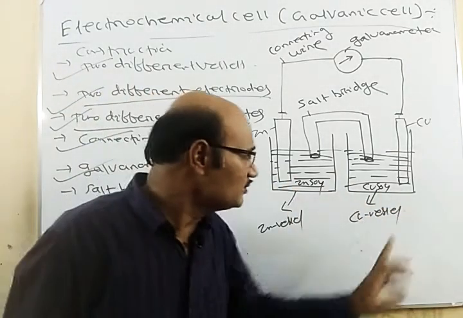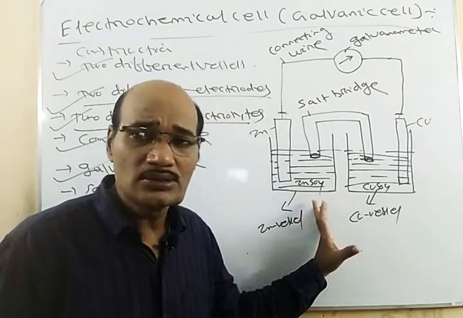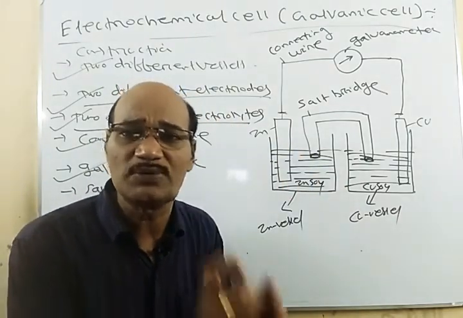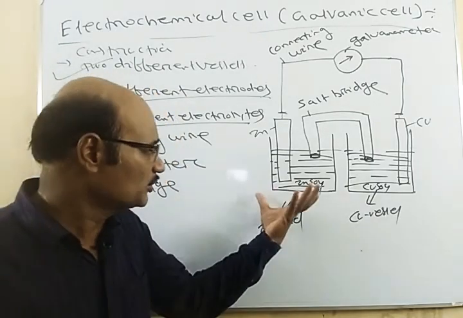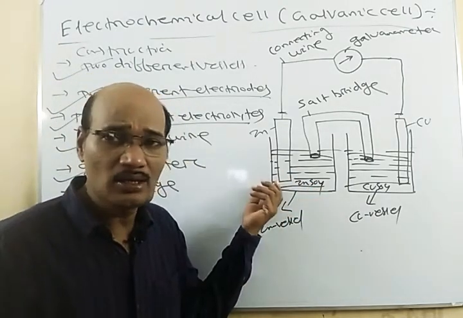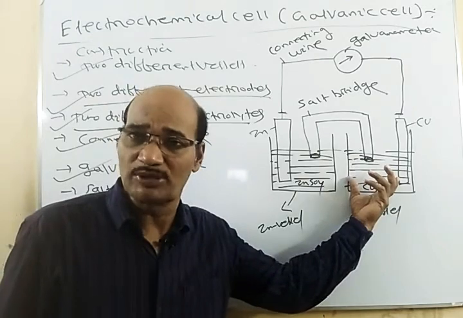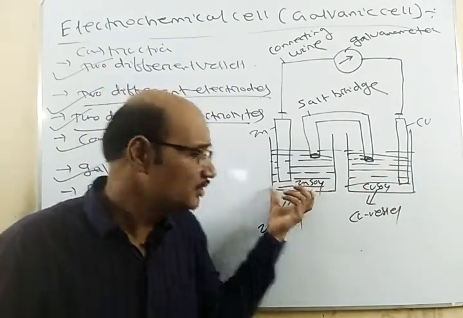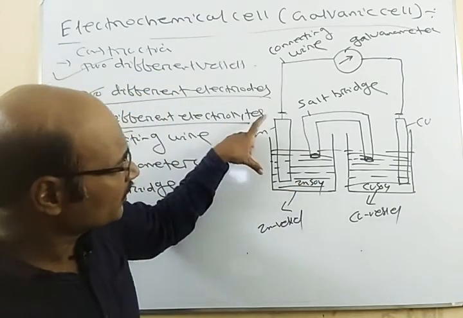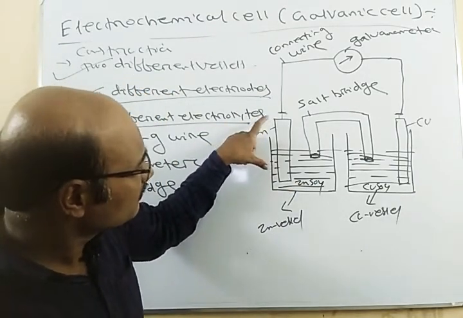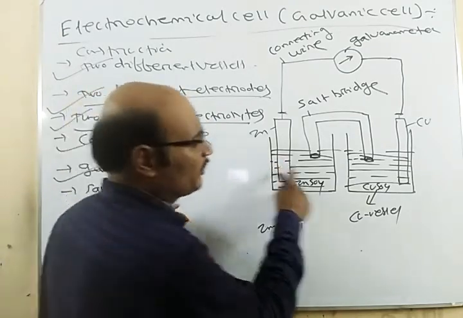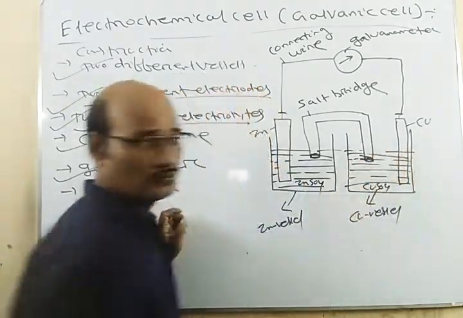So two vessels contain the electrolytic solutions of two different electrolytes. One vessel contains zinc sulfate, the other vessel contains copper sulfate. Each vessel contains one electrode: here we have zinc sulfate, so we have the zinc electrode; here we have copper sulfate, so we have the copper electrode.